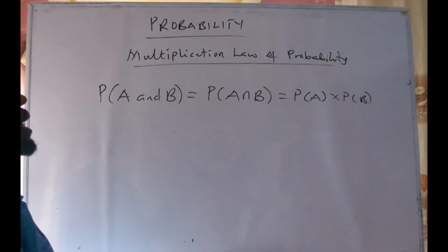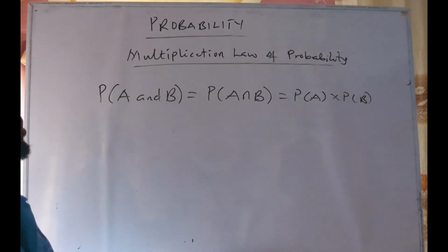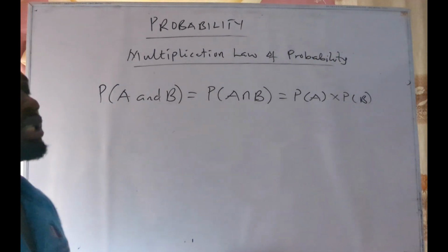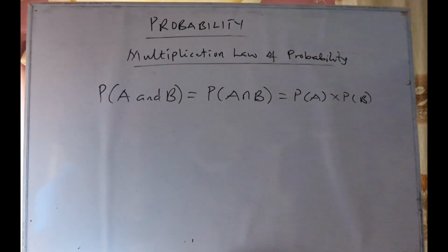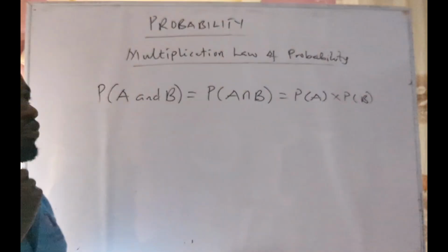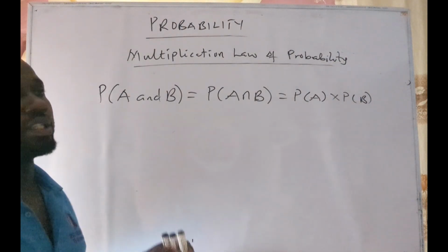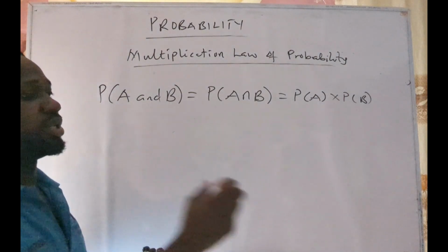So with addition, if it's the addition law of probability, anytime you see or, we apply the addition. When you see and, then we go by the multiplication. An example of two independent events: let's assume you are given two bags, and you are picking a ball at random from each of them.